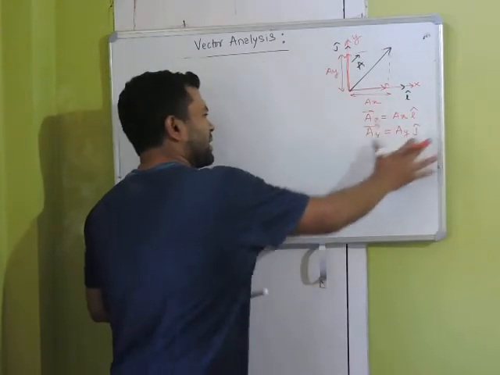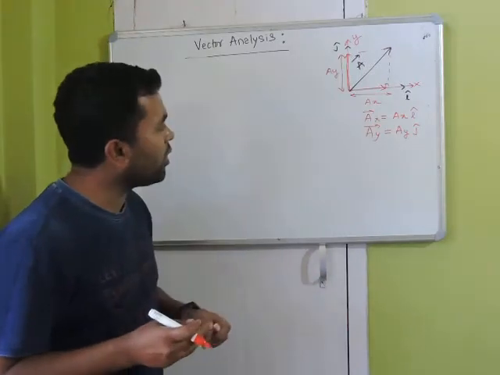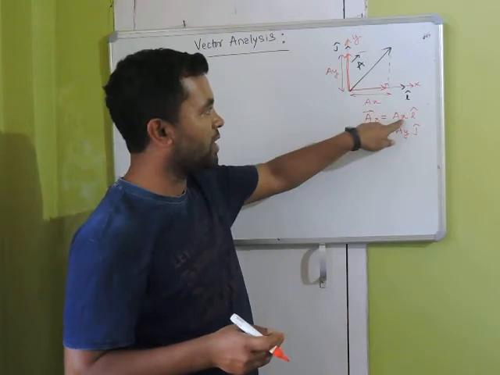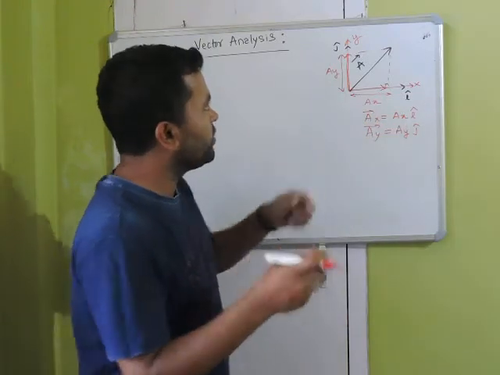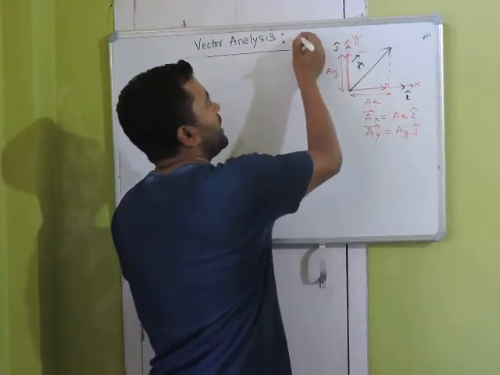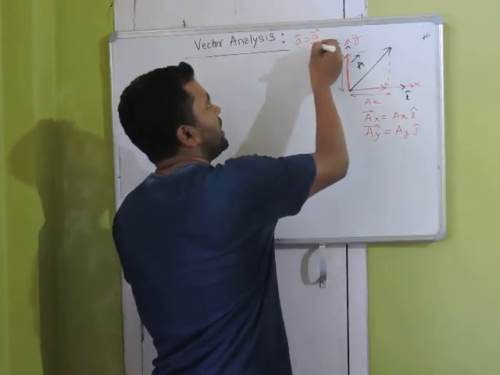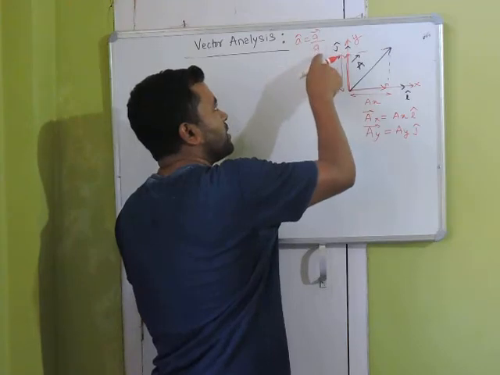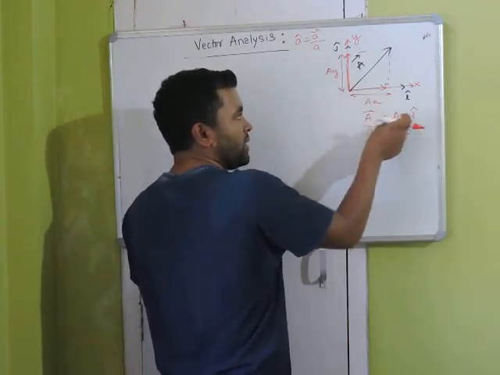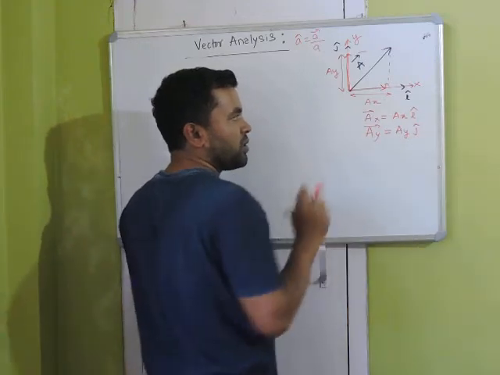Now you might get confused here, but if you can recall, a unit vector is defined as the vector divided by its magnitude. We define a cap equal to vector A by A, which means the unit vector is the vector divided by its magnitude. So i cap and j cap are also the same.